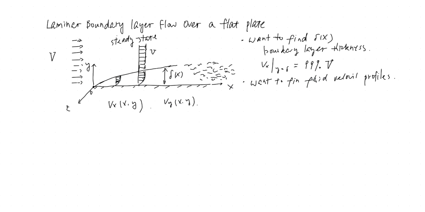If you only had the x component of the velocity, then within the boundary layer you would only have flow moving to the right horizontally. There is no way you can develop a boundary layer which increases with space. So the only possibility is you also have a y component of the velocity, so that the fluid not only goes along the x direction, but also along the y direction. That y component helps to develop the boundary layer.